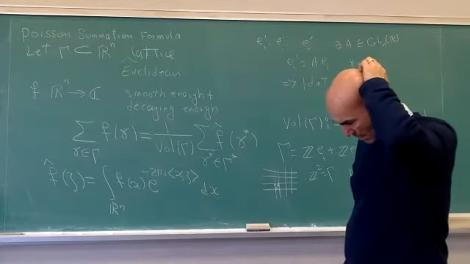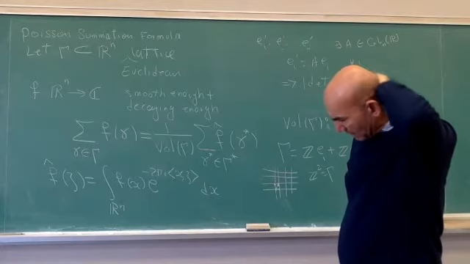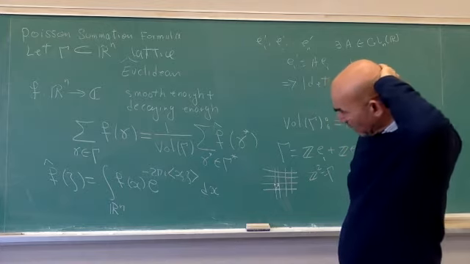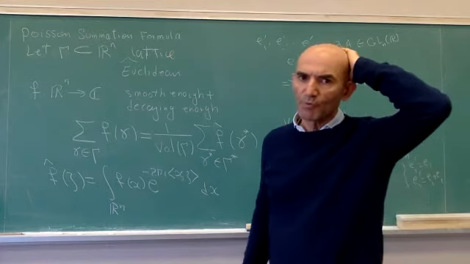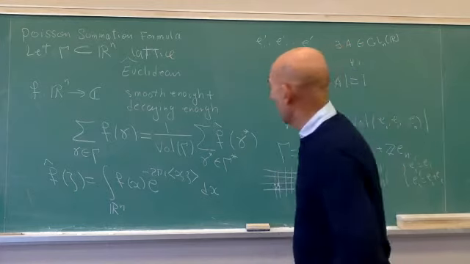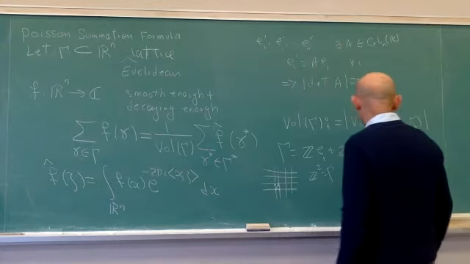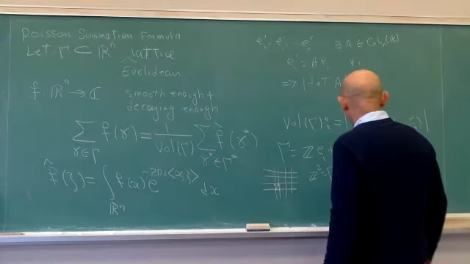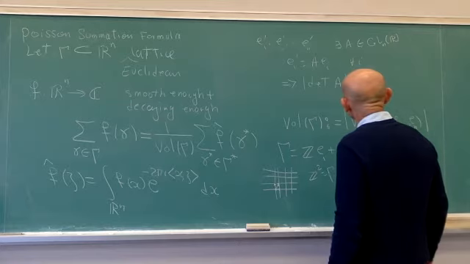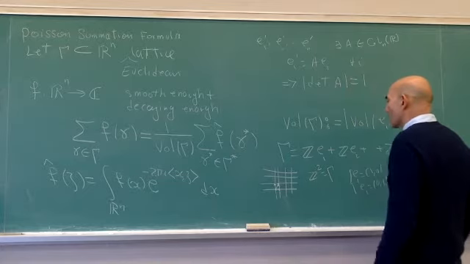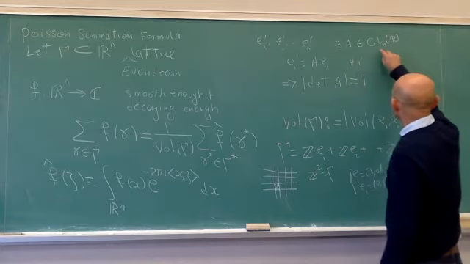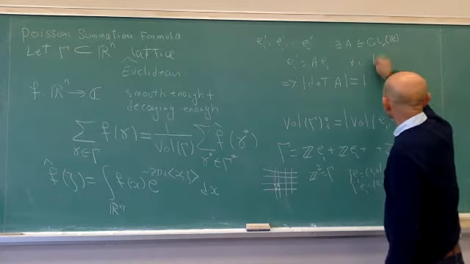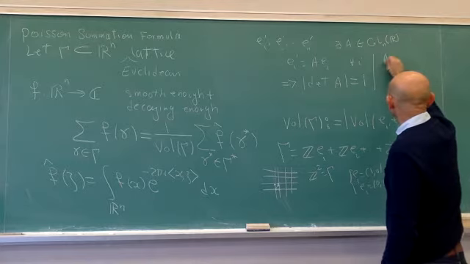That's not difficult to see, but now somehow it escapes me. I don't want to spend time on giving a proof of why the determinant of this matrix is 1. First of all, this matrix belongs to GL_n(Z), indeed.